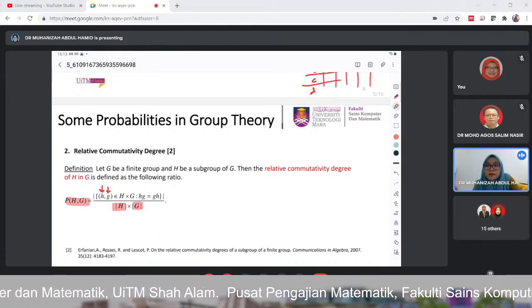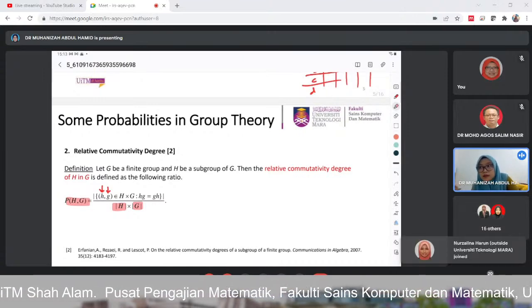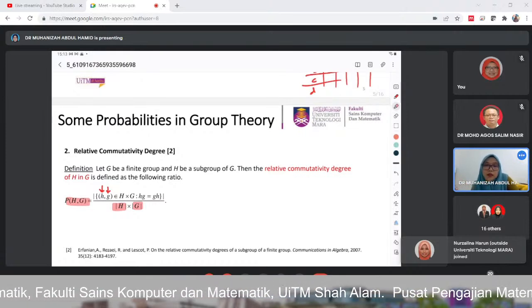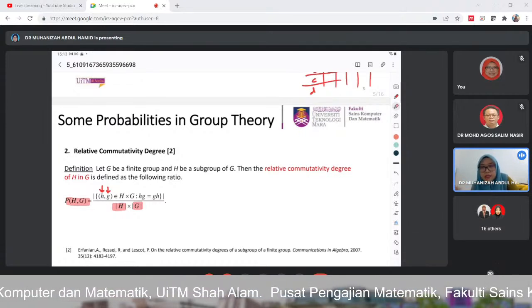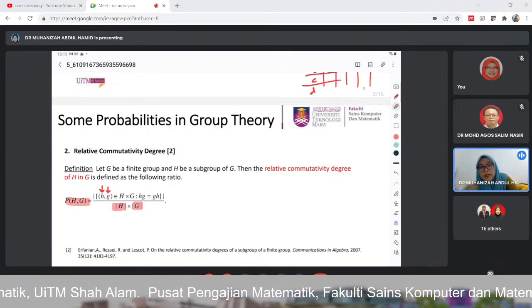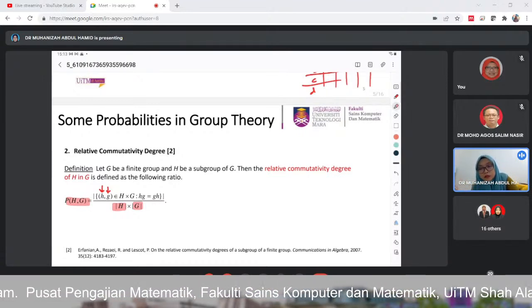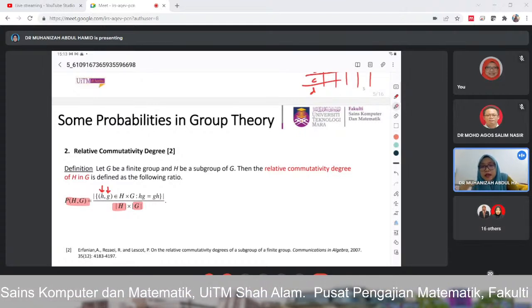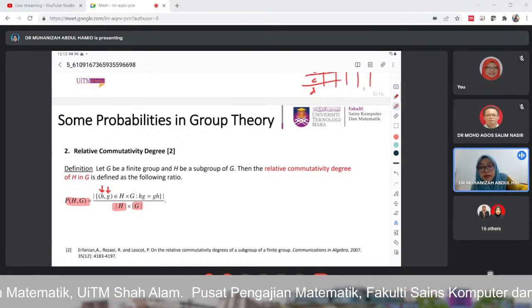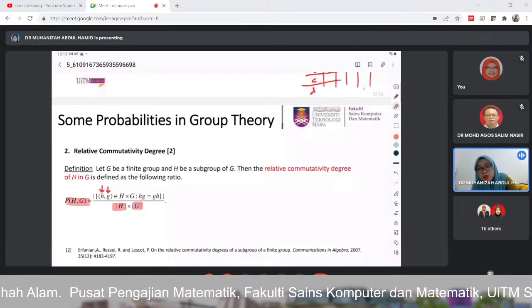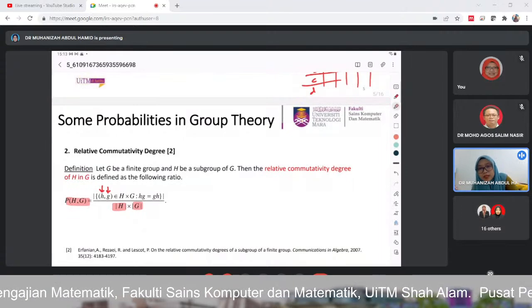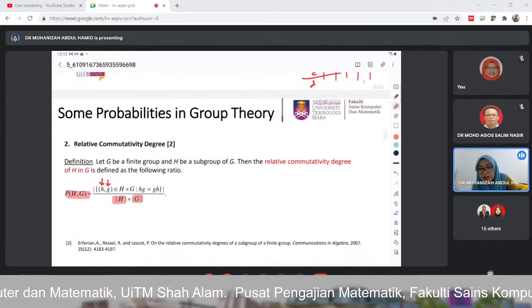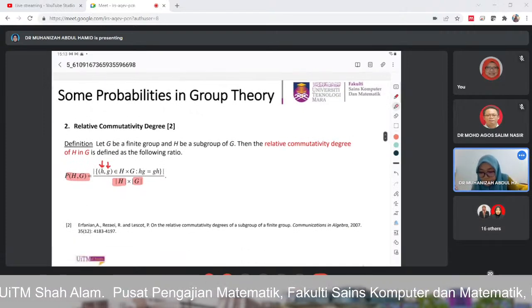Of course, the operation in H must be the same as in G, and it must be closed, meaning that if you take any two elements and apply the operation, the element you obtain must be in H. And there exists an identity element as in G. And the last one is every element in H has its own inverse. Okay? Those are the properties to be a subgroup.